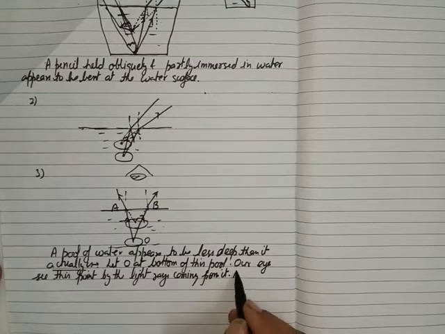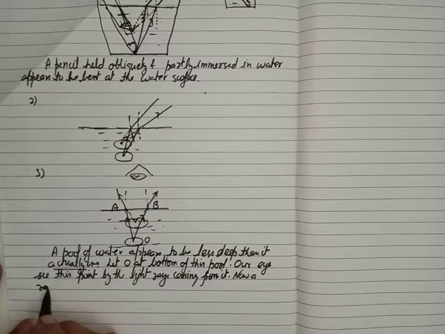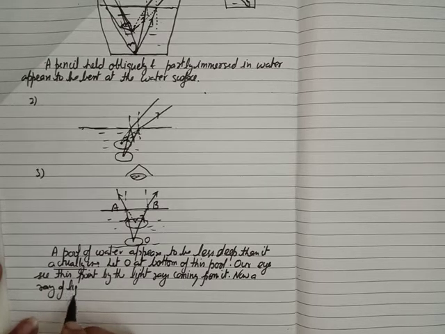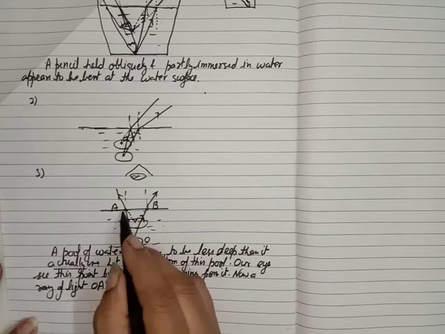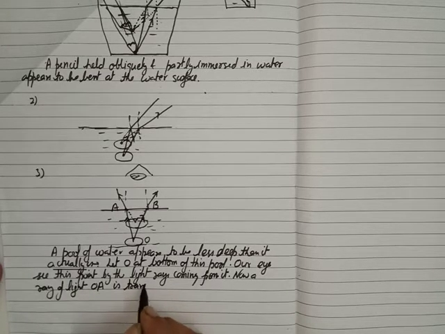Now a ray of light OA, this is a ray of light OA coming from O, is traveling in water.